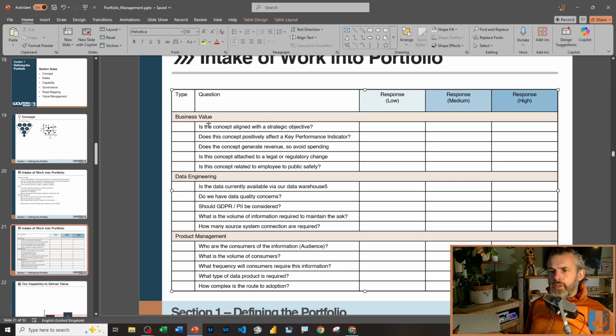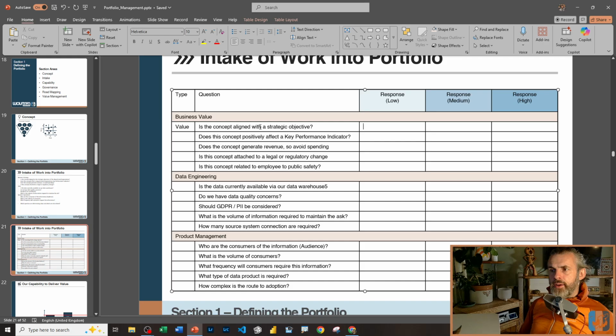So let's say this first one, let's start to work through it. Is the concept aligned to a strategic objective? That would be a value related question, because it adds value if it's contributing towards a strategic objective.